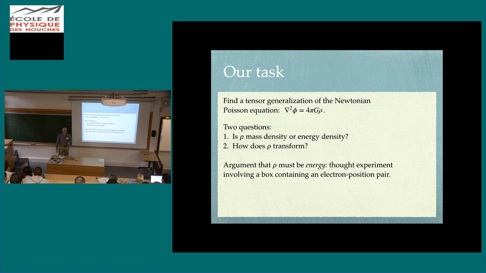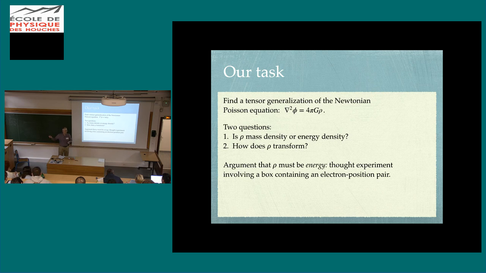And now you've got two photons in the box which have no mass at all. Okay, so my mass in the box has gone from something non-zero to something zero. And now whatever the distant particle was, there's no gravitational field anymore.